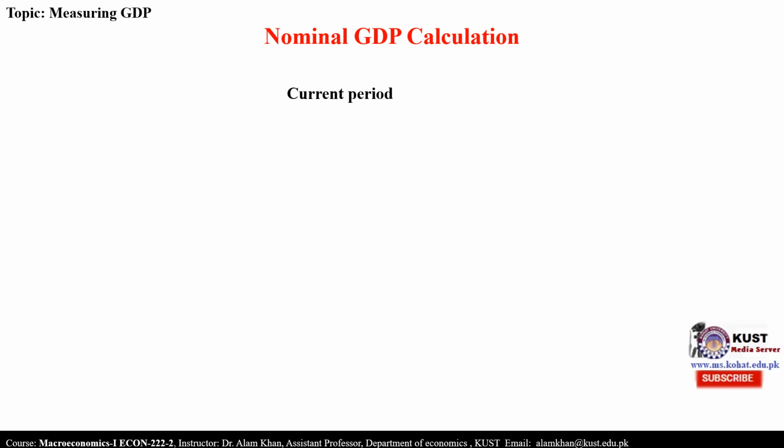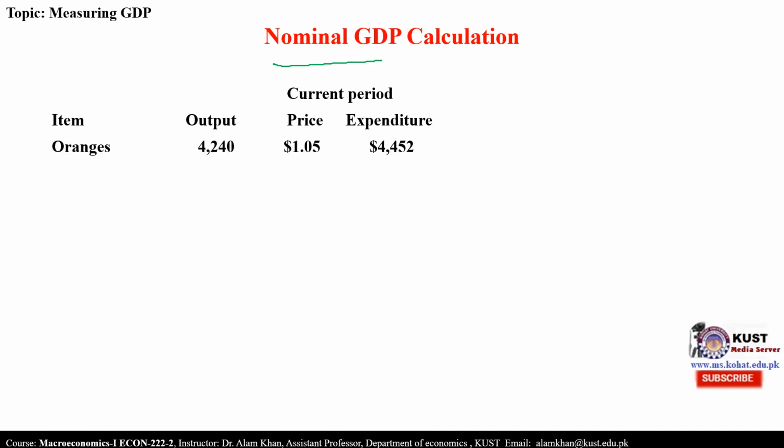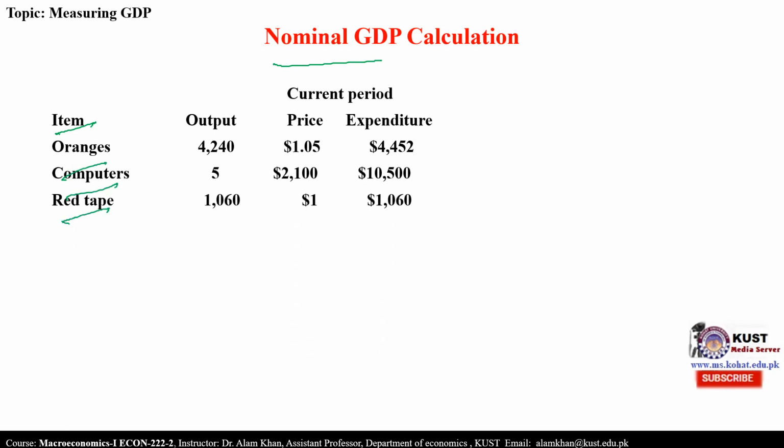There is one example of how nominal GDP is calculated. Here are certain items: oranges, computers, red tape. The orange output is 4240. The computer output, or quantity, is 5 units, while the red tape quantity is 1060.